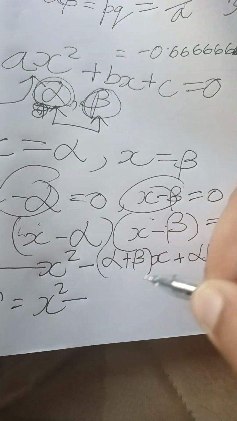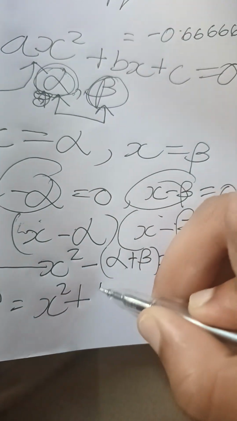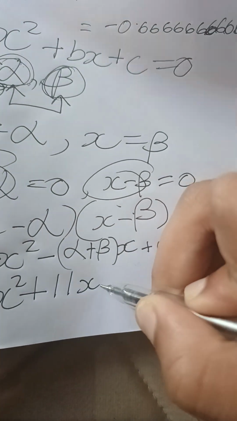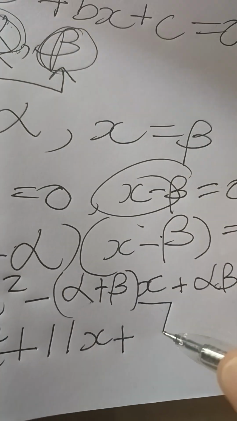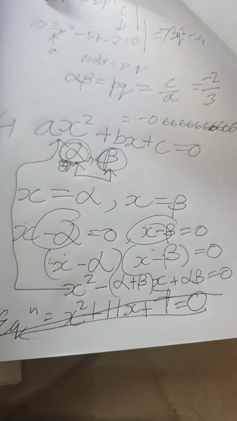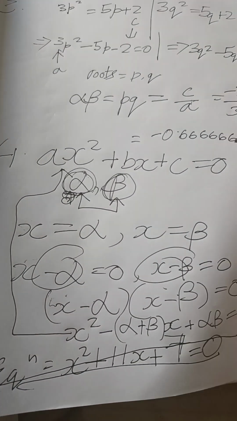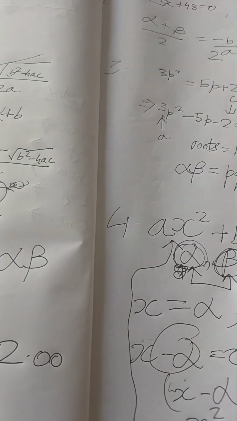Minus 11 is just plus 11 x plus alpha beta, which is 6 or 7. So we will take 7 because it's not 6 at all, is equal to 0. This is the equation, and this is the answer. Very clean answer, very nice organization. I guess you can tell. Very nice, maths is maths.